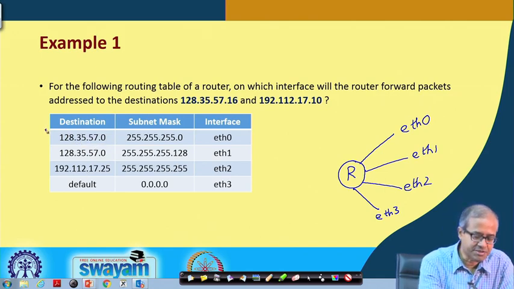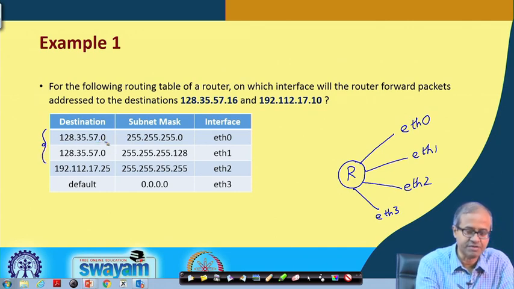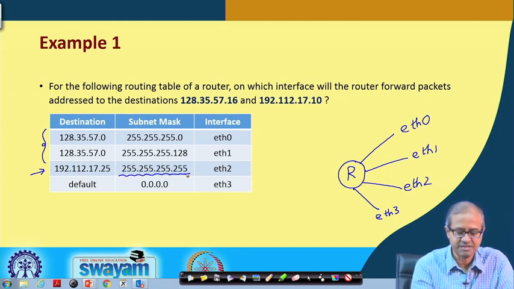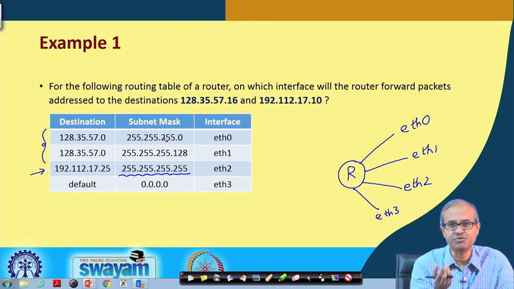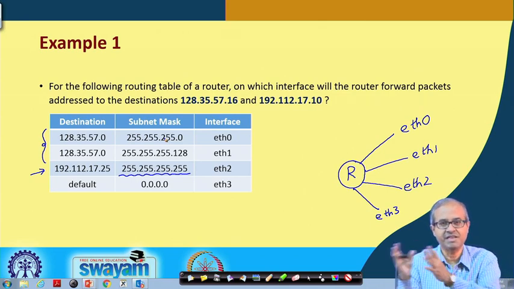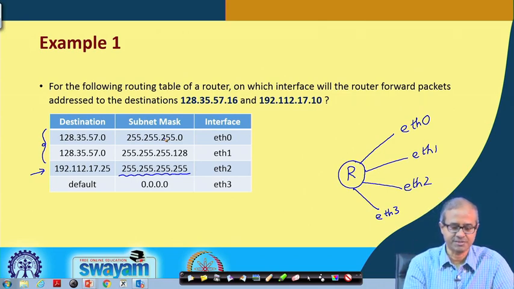The first 2 entries refer to network addresses, they end with .0, but the last one is a host specific address. Because it is a host specific address, I am using all bits to check. The subnet mask is all ones, but for the others the subnet mask will tell you how many bits in the address I have to check for the network address, and the last bits will be for the host address.